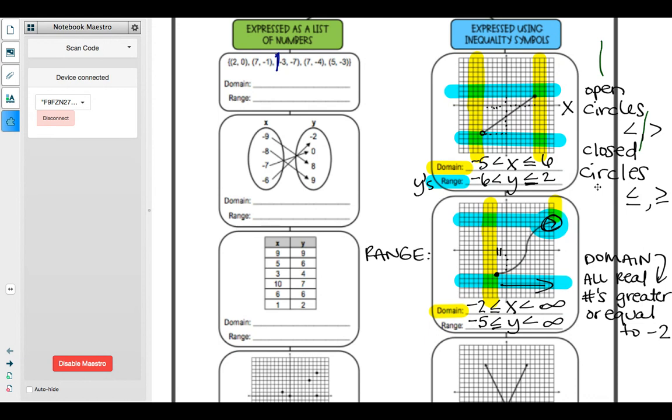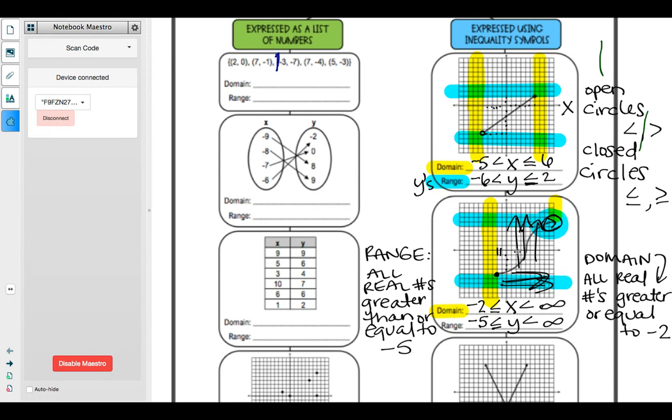So the range for this one would be all real numbers greater than or equal to -5. So again, everything to the right is good, and then everything up is good. Okay.